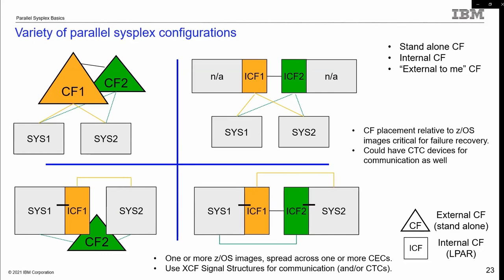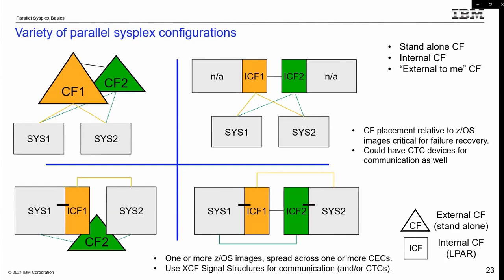But in terms of my 2 systems, System 1 and System 2, this is very similar to the upper left-hand corner, because the coupling facilities are external to me. So again, this can provide a more resilient configuration, and you can failure isolate your coupling facilities from your LPARs in your Sysplex.